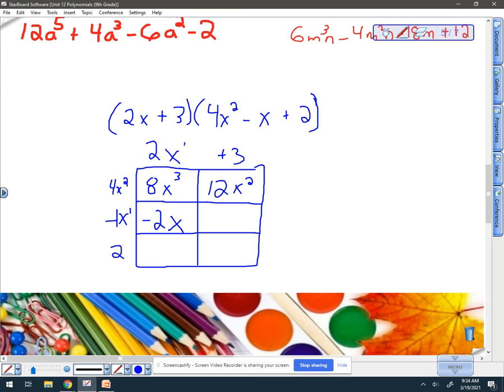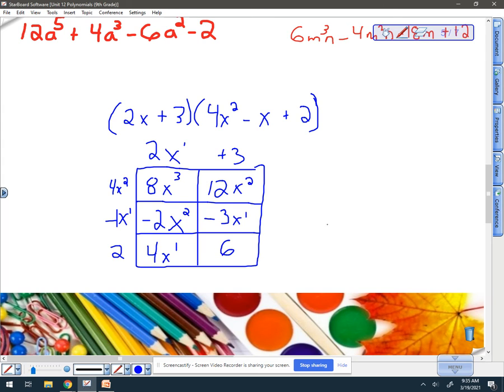X to the 1 and a 1 make 2. Then we come over here. Positive and a negative make a negative. 3 times 1 is 3. There's nothing to multiply the x with, so it stays the same. Go to the bottom one. 2 times 2 is 4. And then the x just stays the same. And then 3 times 2 is 6.